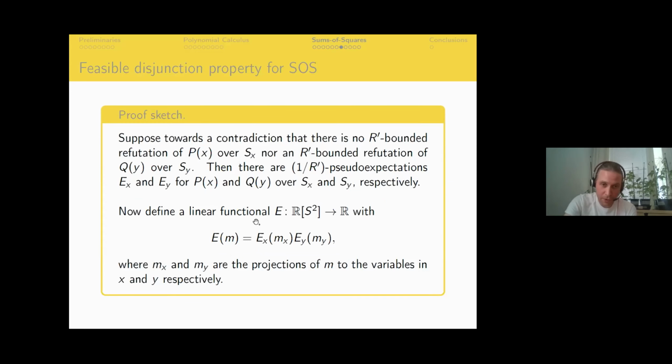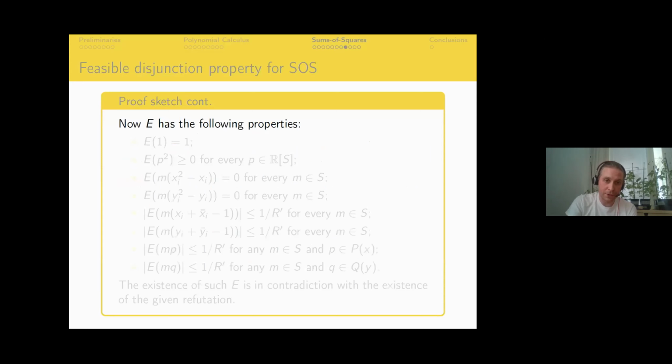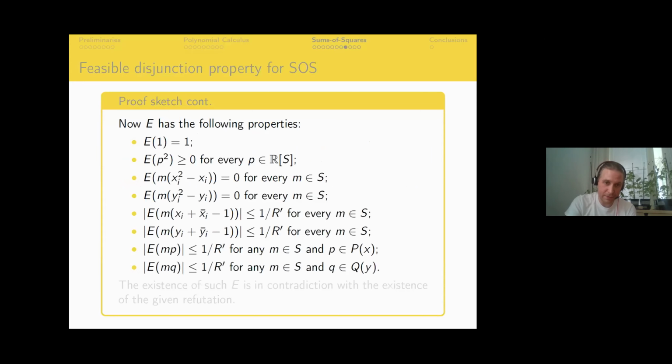And then you can combine these into a linear functional from R S squared to R, basically the obvious way, and show that it has the following properties. Again, mapping 1 to 1, all squares to non-negative values, and these explicit lifts that appear in the given refutation of the Boolean axioms to 0.